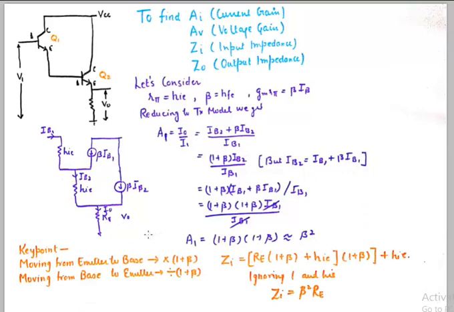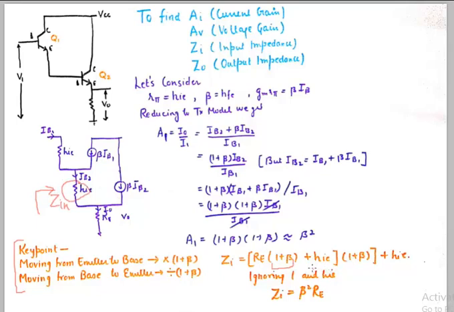In order to find input impedance and output impedance, you need to remember few key points, that when we move from emitter to base, we multiply the resistance by 1 plus beta, and when we move from base to emitter, we divide the resistance by 1 plus beta. So if I was to calculate the total impedance Z in, I can start from RE, and then as I move from emitter to base, I multiply it with 1 plus beta, and then my next impedance is this.